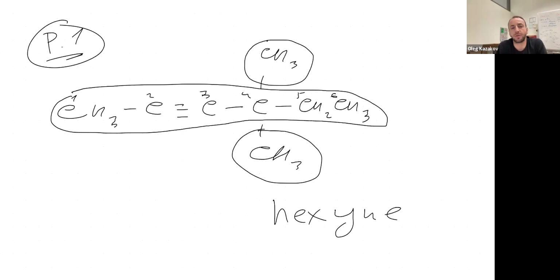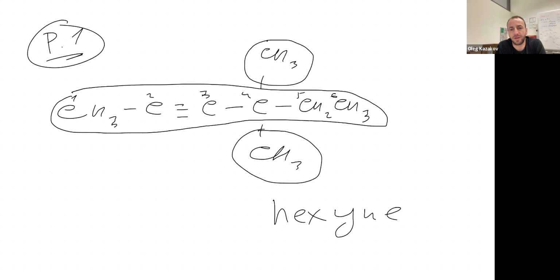First of all, we need our first line of selection. The end from which we are going to number the chain pertains to the location of the triple bond. The triple bond should be closest to one of the ends, so the triple bond should get the lowest possible number.